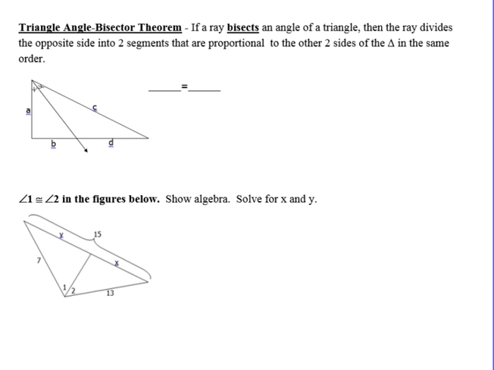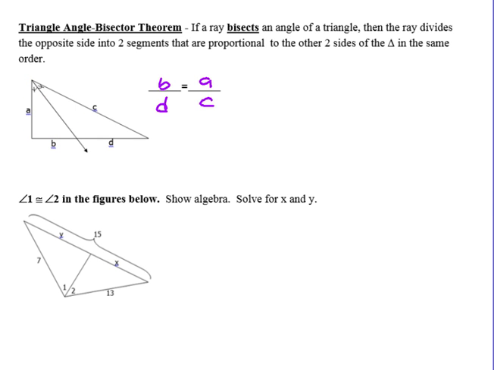So if I have an angle bisector, and I know it's an angle bisector because I'm showing that those two angles are congruent, what I'm allowed to say is that this piece down here, B is to D, as A is to C. Again, keep the parts in the same triangles. So B and A are on this triangle, and C and D are on that triangle.